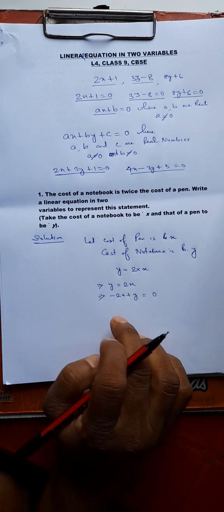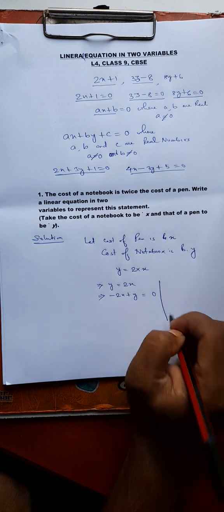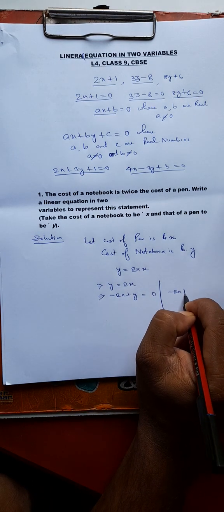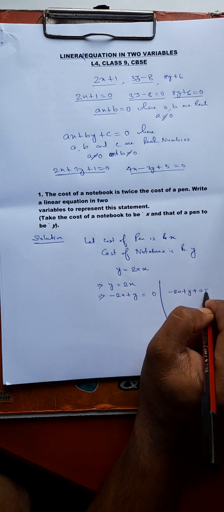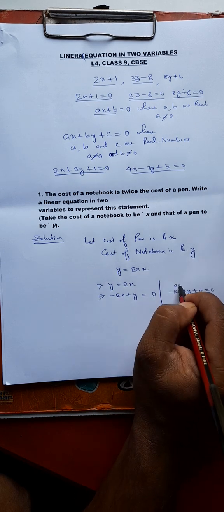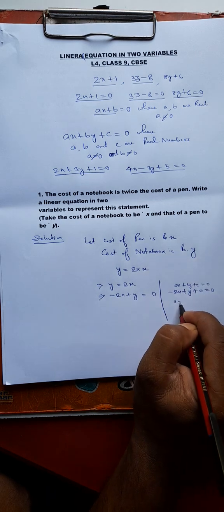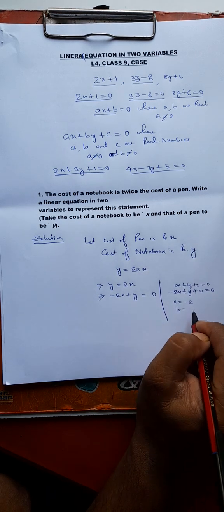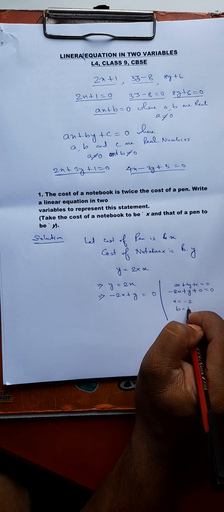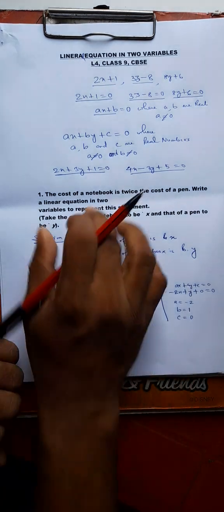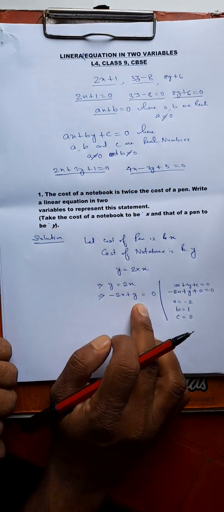Now it becomes a linear equation in two variables. That means we can imagine this in this format, minus 2x plus y plus 0 equal to 0, that means ax plus by plus c equal to 0. A means here minus 2, b means here coefficient of y is 1, c means here 0. So we convert this statement into a linear equation in two variables.